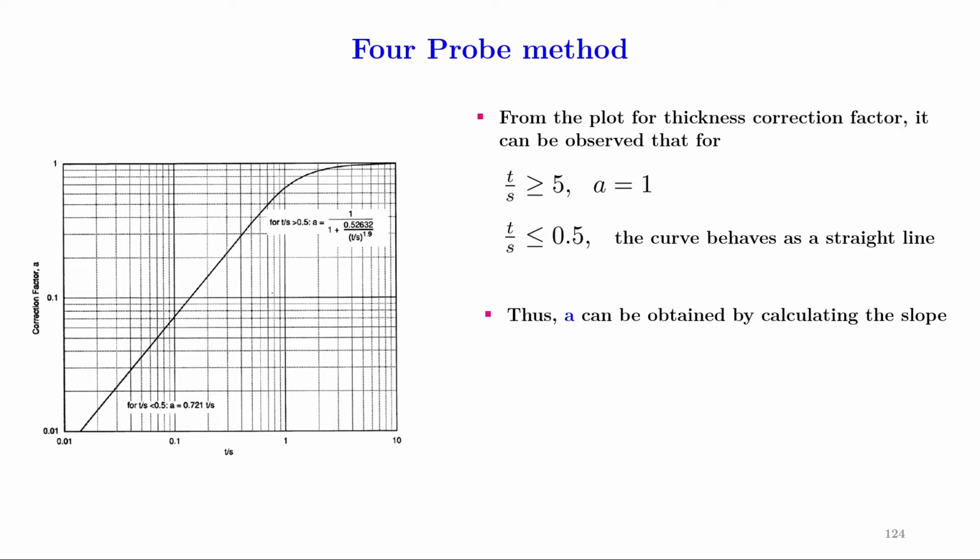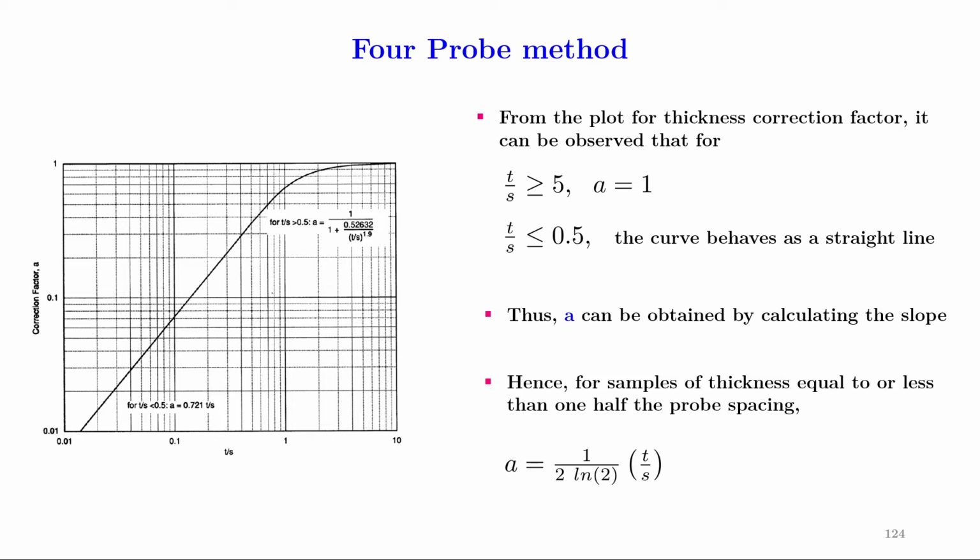Thus, A can be obtained by calculating the slope. Hence, for samples of thickness equal to or less than 1/2 the probe spacing, A could be calculated to be 1 by 2 natural logarithm of 2 times T by S.